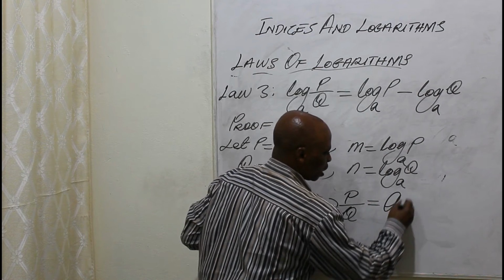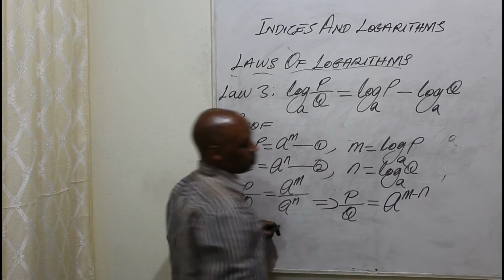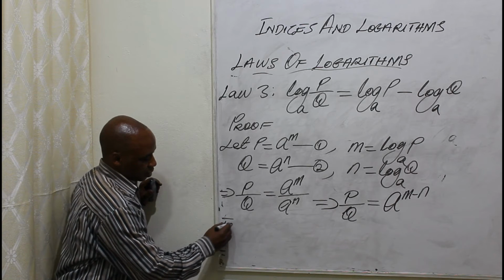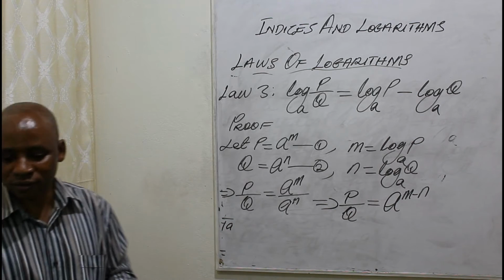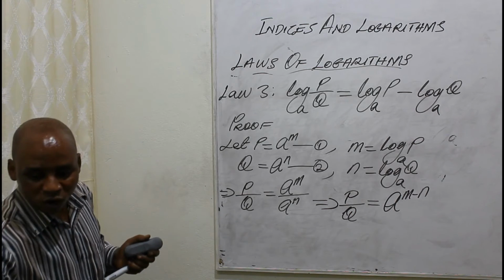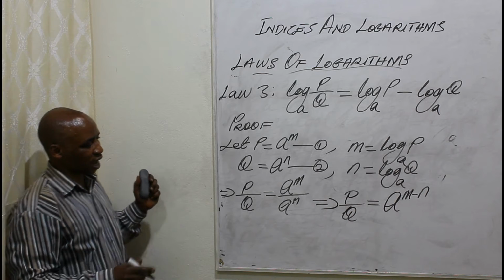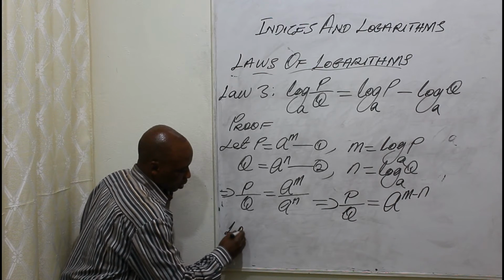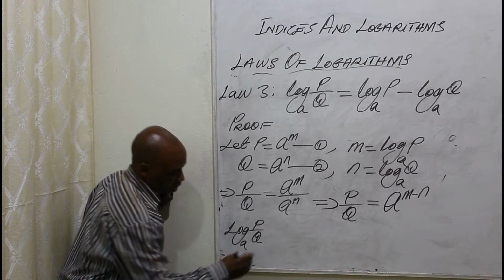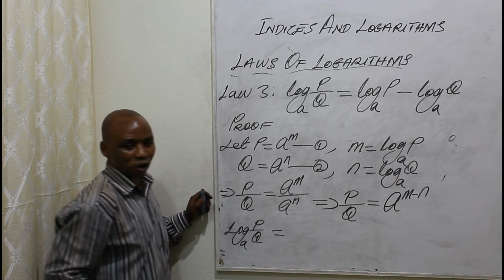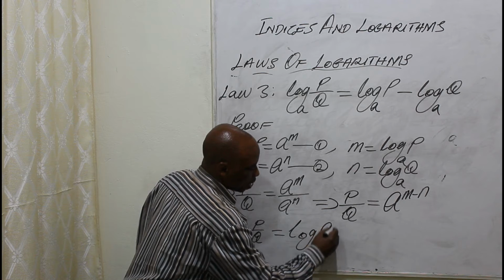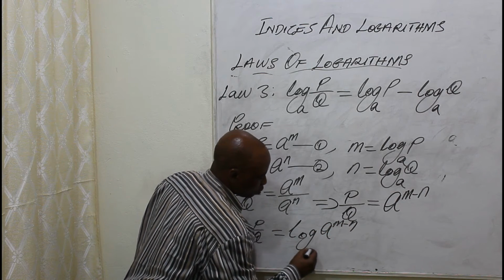So we end up getting a raised to the power m minus n. Then our next step is we take the log to base a of both sides. So it will be log of p over q to base a being equal to the log of a raised to the power m minus n to base a.